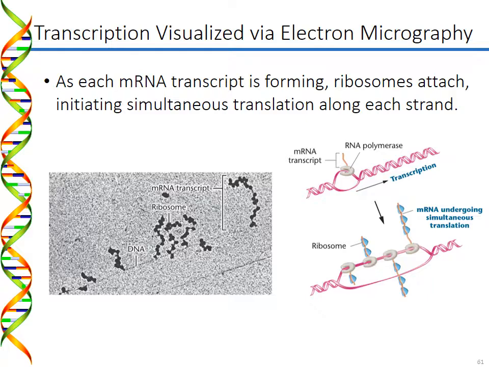As you no doubt remember, eukaryotes have a nucleus, and so the process of transcription occurs in the nucleus, and then the mRNAs are produced and then transported out of the nucleus into the cytoplasm, and that is where the ribosomes of a eukaryotic organism are located.